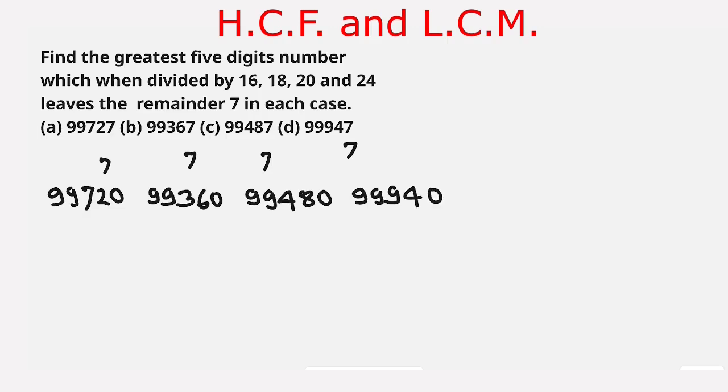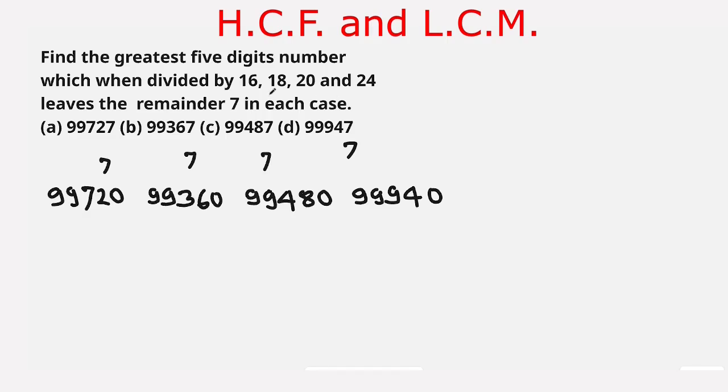Option D becomes 99,940. In the given numbers, the numbers are 16, 18, 20 and 24. As one number is 20 which ends with 0, all the numbers must be ending with 0 after subtracting 7. So all the numbers are ending with 0.